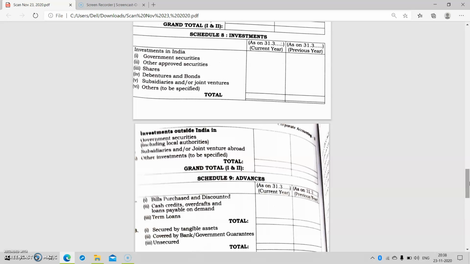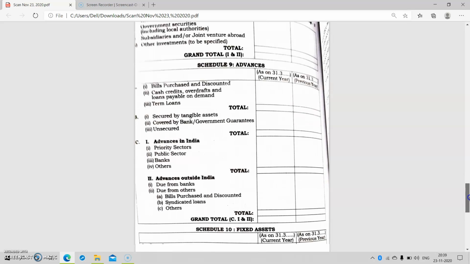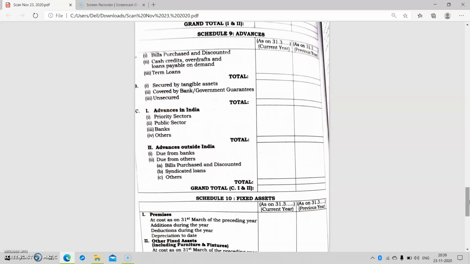So all sorts of investments, long-term investments that the banking company makes out of the funds mobilized, will be shown as investments. And now investments outside India, if any, you can show it. And now the advances, all the loans and advances given by the banks are treated as assets. They are assets as such.